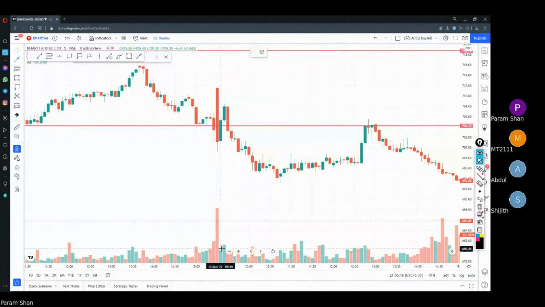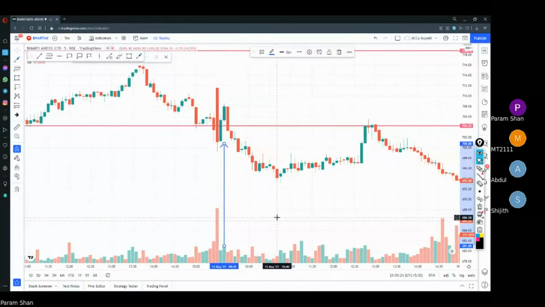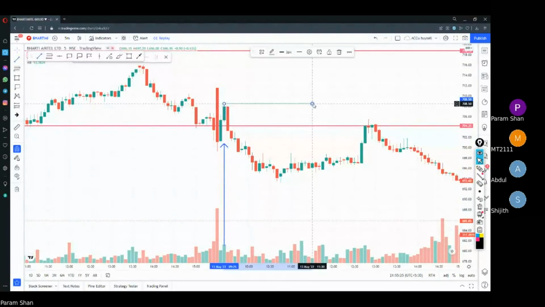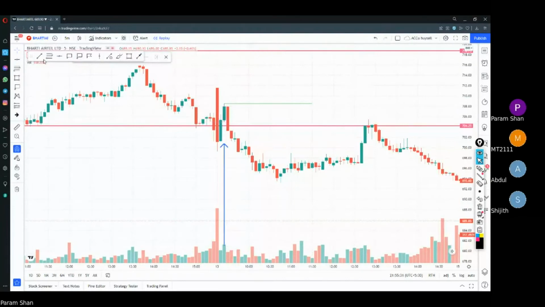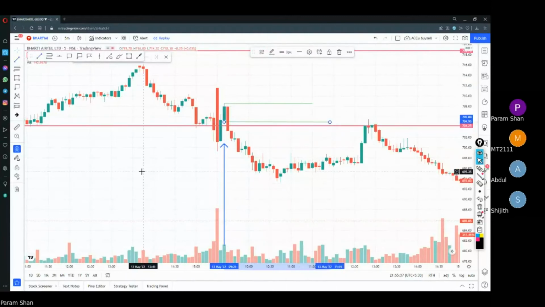So this is where the volume was generated. It means that whenever the price is trading above this price, that is considered bullish. Whenever the price is trading below, it is considered bearish.